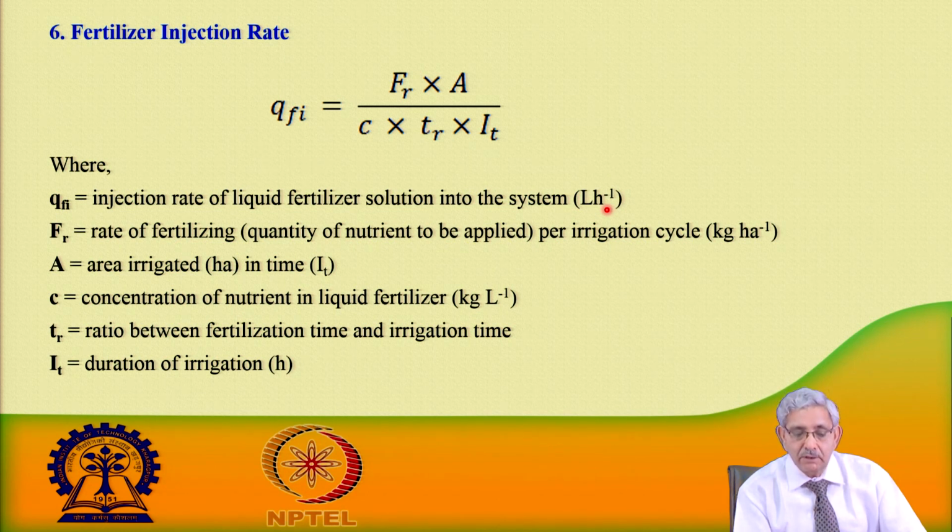IT is the duration of irrigation in hours, C is the concentration of the fertilizer in kg per liter, and Tr, which I already discussed, is the ratio between fertilization time and irrigation time. Using this expression and these units, one can find the rate of injecting a liquid fertilizer into the drip irrigation system in liter per hour.